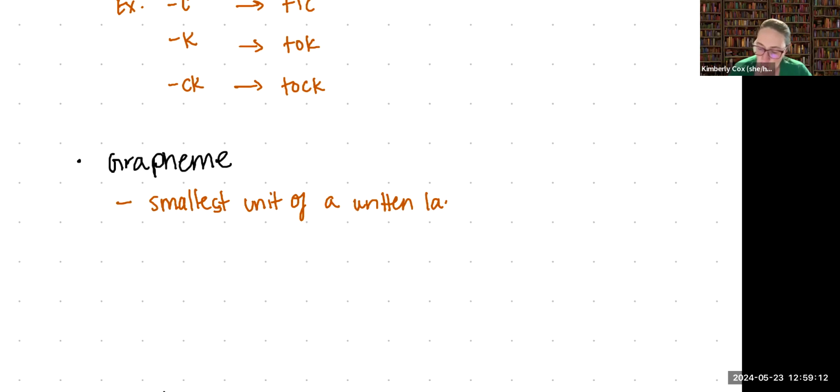So here we are not talking about, oh, I'm spelling language horribly. We're not talking about sound. We are talking about symbols, right? We're talking about the symbols that we use to often represent sounds.